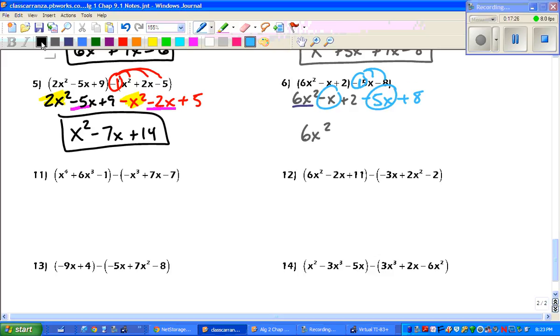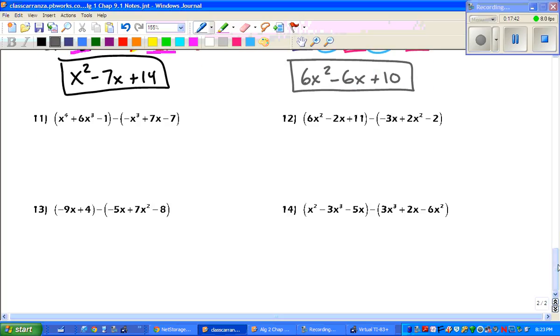Negative x and negative 5x gives us negative 6x. And then we get positive 10.